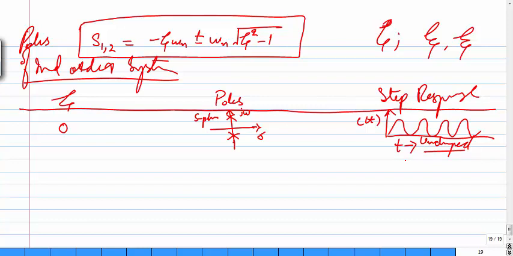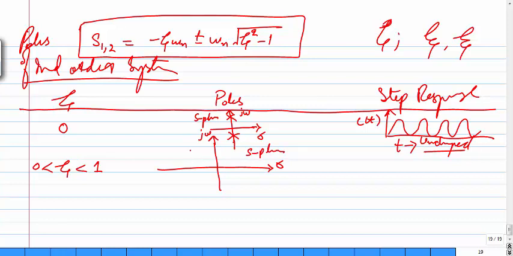Next, if zeta is greater than 0 and less than 1, how do my roots look? I told you that we are looking at a stable system, so this is j omega, this is sigma, and this is my S plane.